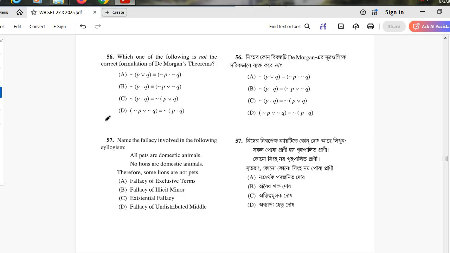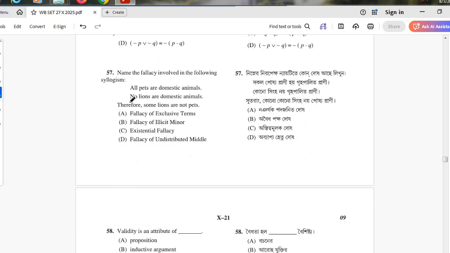Option A. Curl P vel Q triple bar negate P dot negate Q, and option B. Curl negation P dot Q triple bar negation P vel negation Q, and option C is negation P dot Q triple bar negation P vel Q. And option D, negation P vel negation Q triple bar negate P dot Q. And the correct answer option is option C.